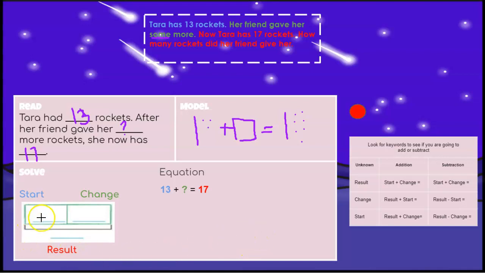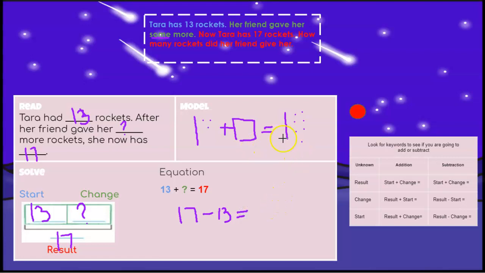So using the strip diagram, we started with 13. We don't know how many she got more, but we know that the result should be 17. So here we can do 17 minus 13 to figure out our answer.